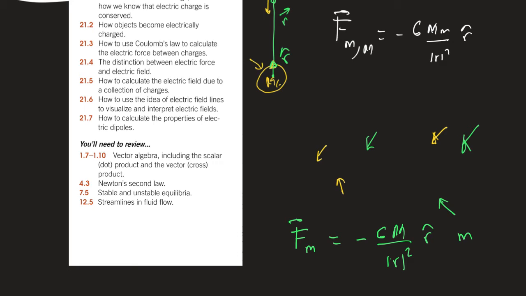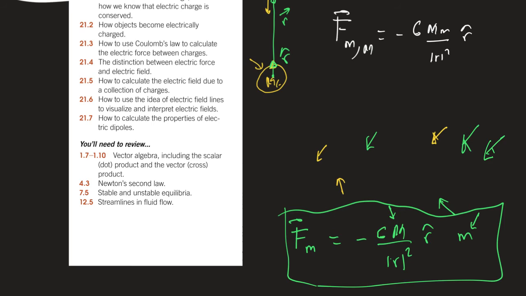Is this the same equation? Yeah, it's the same equation, but you're missing the other m, right? No. The capital M is here, the little m is here. I wrote the same equation, only I put the m here.